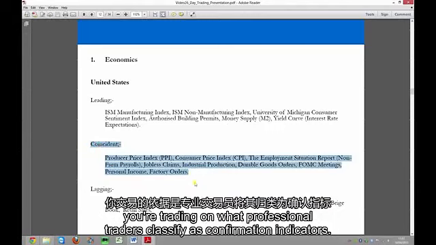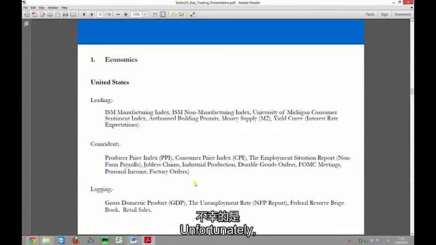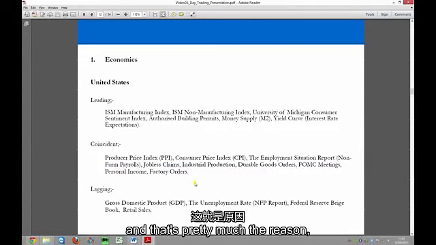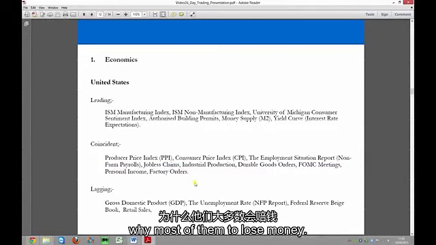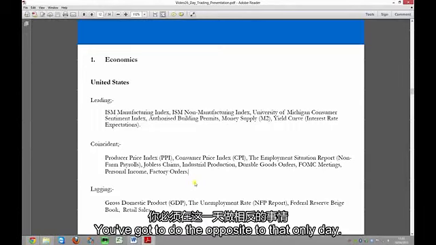You're trading on what professional traders classify as confirmation indicators. Unfortunately, that's what a very large percentage of retail traders do, and that's pretty much the reason, in a nutshell, why most of them lose money. You've got to do the opposite to that.